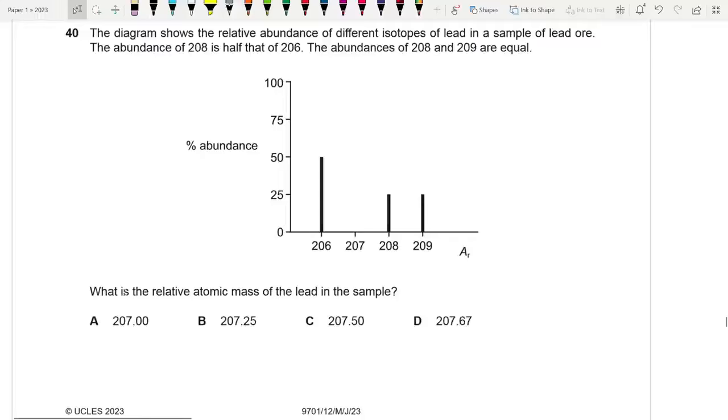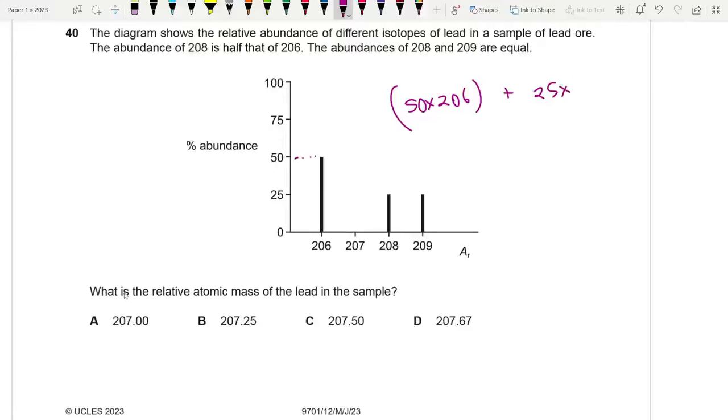Last, the diagram shows the relative abundance of different isotopes of lead in a sample of lead ore. The abundance of 208 is half that of 206. The abundances of 208 and 209 are equal. What is the relative atomic mass of lead in the sample? So 50 times 206 plus, it is 50, right?